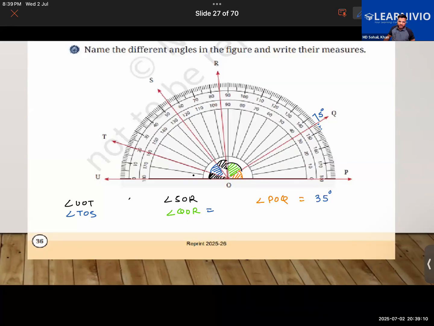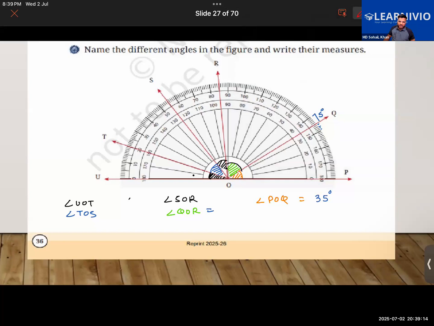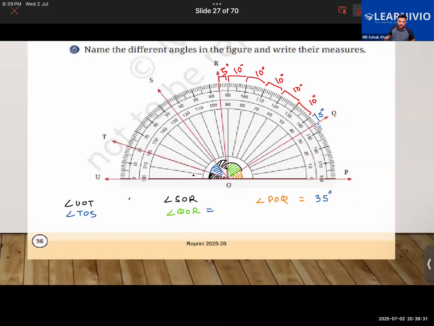Okay, let me actually write it so you understand it properly. So this is 10 degree, again 10 degree, and again 10, 10, 10, and then it is 5. So you add all of it, and that will be equal to 60 degree.